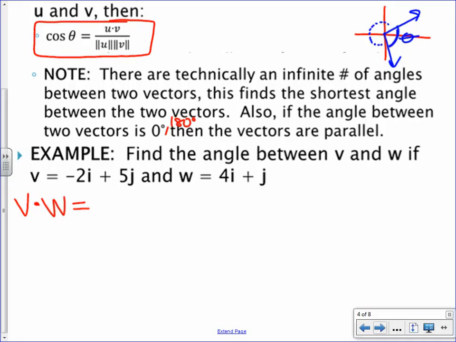And we found it for these two vectors already, didn't we? So it's negative 3. Now we're going to need the magnitude for each. So pods 1, 2, and 3, please find me the magnitude of V. Pods 4, 5, and 6, find me the magnitude of W.